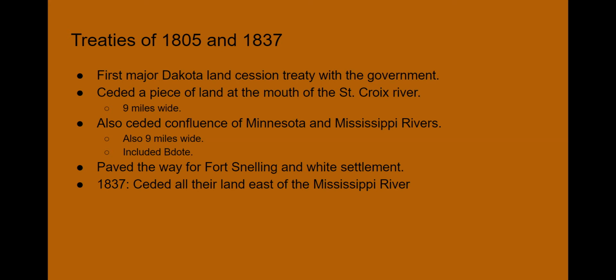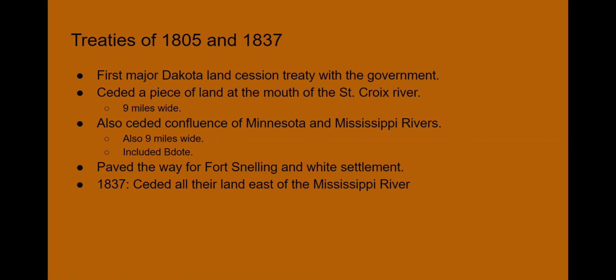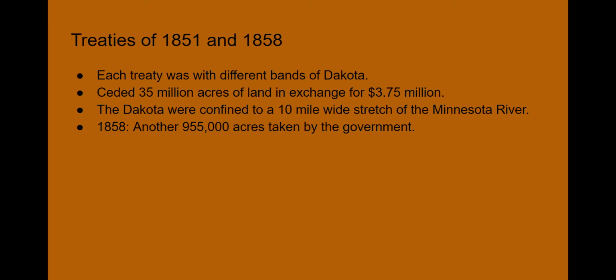And I use the word taken because in a lot of these treaties, the Dakota were tricked into giving up their land because of the way missionaries transcribed the treaties into Dakota, or what they knew of Dakota at the time, as Dakota was not a written language. So the government used that to their advantage when executing these treaties. So I will be using the word taken a lot to refer to these treaties.